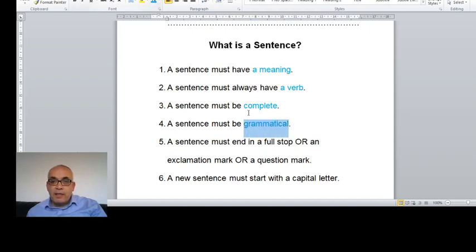Again, this is important. And when I say grammatical, it means many things. You have to put the words in the right order. You have to use capital letters. You have to start the sentence with a capital letter. You have to use the right punctuation. You have to use the right tense. Because when you speak about grammar, we can have a lot of ideas.